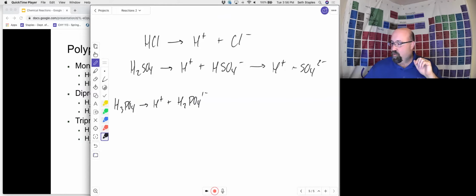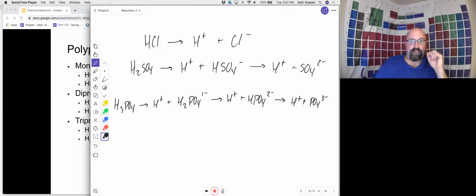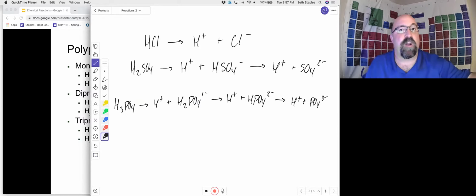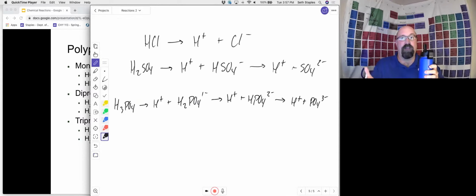And that H2PO4 1 minus can then dissociate into H plus and HPO4 2 minus, which can then split once again into H plus and PO4 3 minus. And so the H2SO4 and H3PO4, anything with more than one hydrogen that can dissociate, is what we call a polyprotic acid.